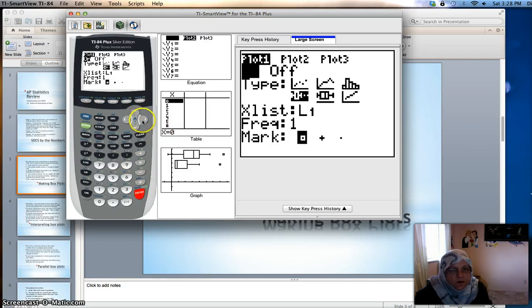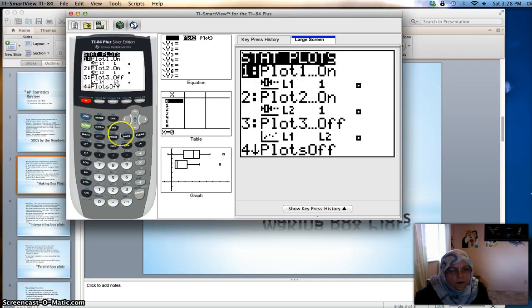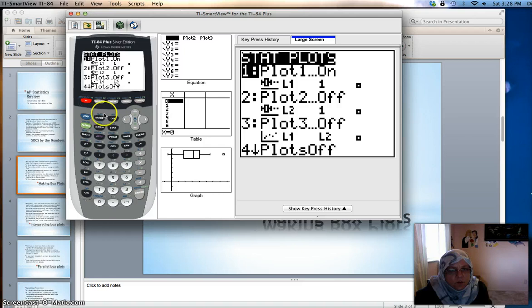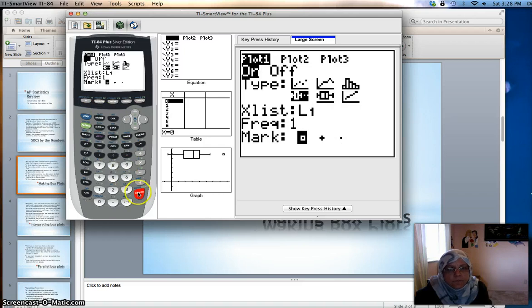Okay, so actually I'm going to make this second stat plot is on right here. Excuse me. So I'm going to shut that off for just a second and we'll go back into plot 1. Okay. So again, make sure anything in the y equals menu that might interfere with your graph is shut off, and make sure it's turned on.